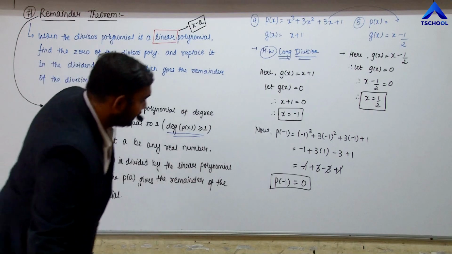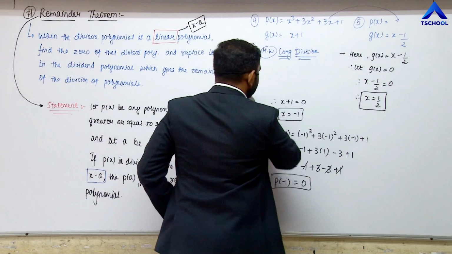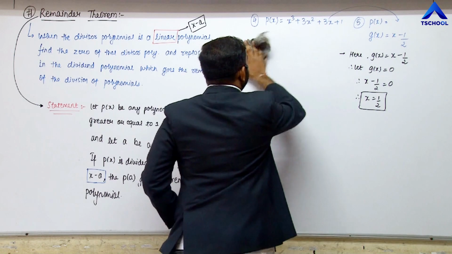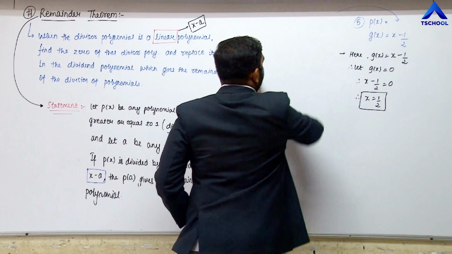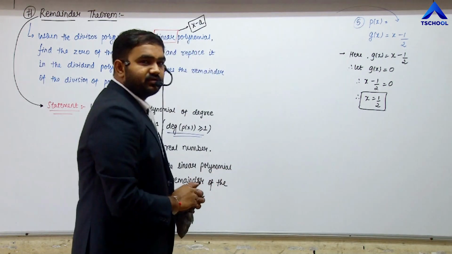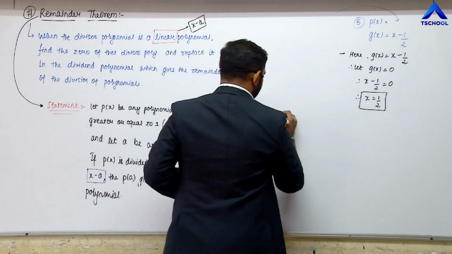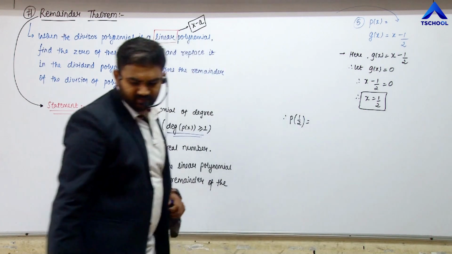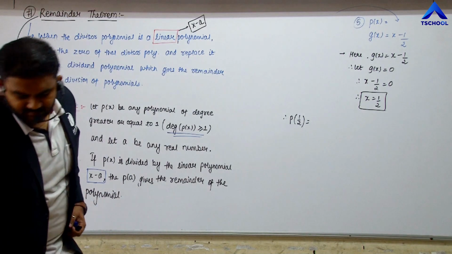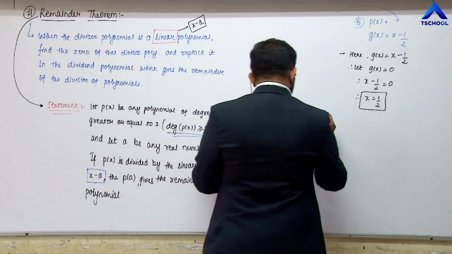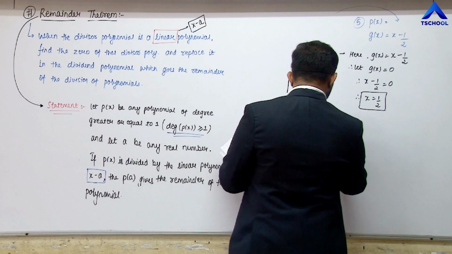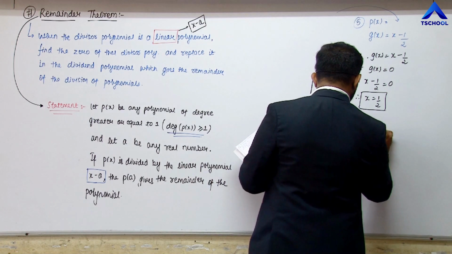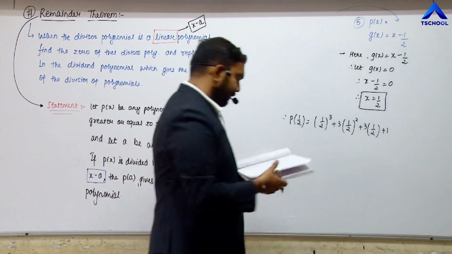Okay, so let me continue it here. We got x equals 1 upon 2. Therefore, p of 1 upon 2, sorry, I got the question also erased, is x cube, that is 1 upon 2 cube, plus 3 into 1 upon 2 square, plus 3 into 1 upon 2, plus 1, right?